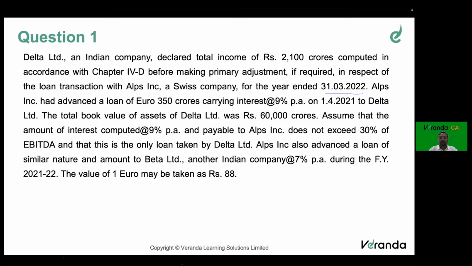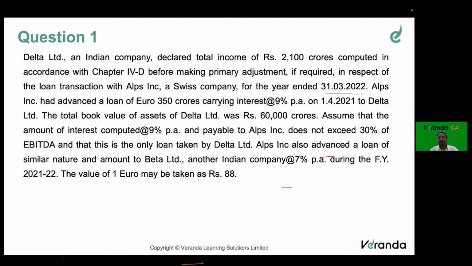Why is this important? Because of this 30%, there is also section 94B, which talks about interest adjustment. Whenever there is interest payment of more than 30% to the associated enterprises, this 30% will automatically be the limit, the maximum interest that can actually be paid.